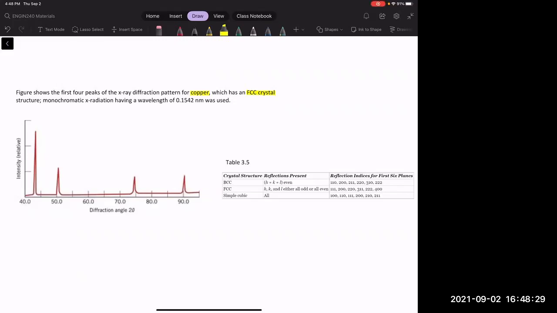You need one piece of information, which is the wavelength of the X-ray that you are using. Okay, because that is going to determine the result. So let's look at how we do this problem. Now, this problem is based on a law called Bragg's law.